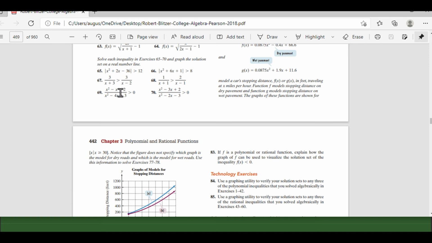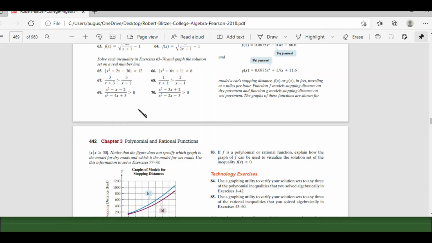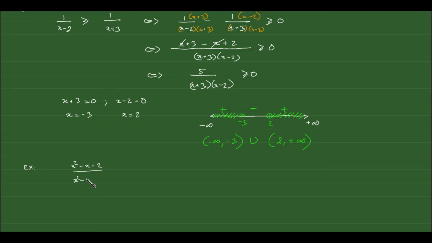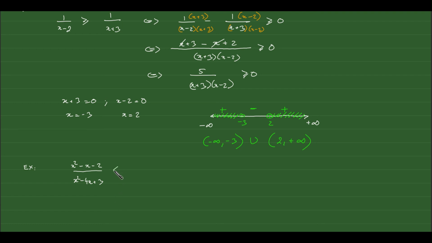It's a great problem right here: x squared minus x minus 2 over x squared minus 4x plus 3, greater than 0. Let's change it a little. Let's make it less than or equal to 0.